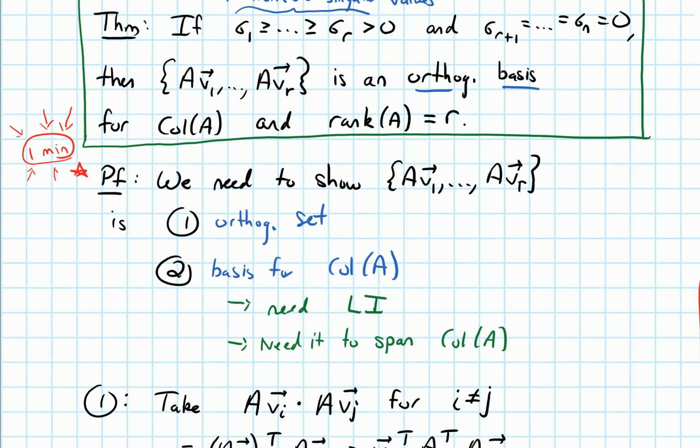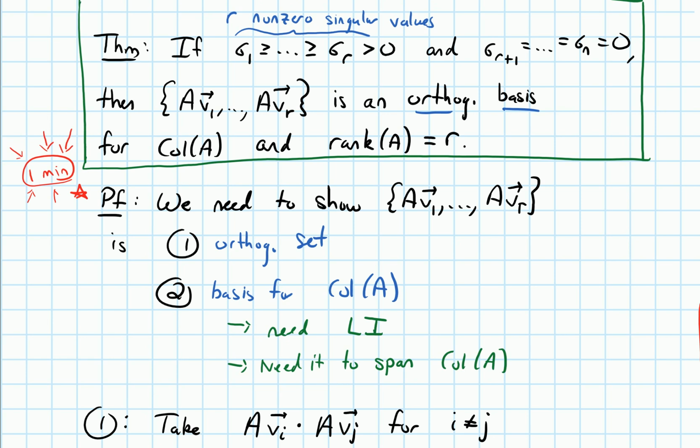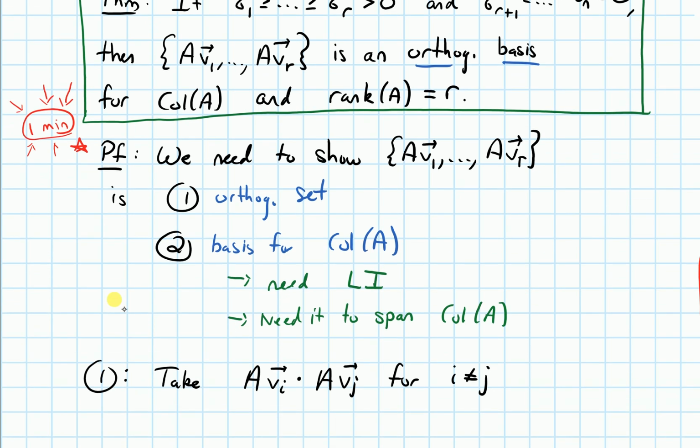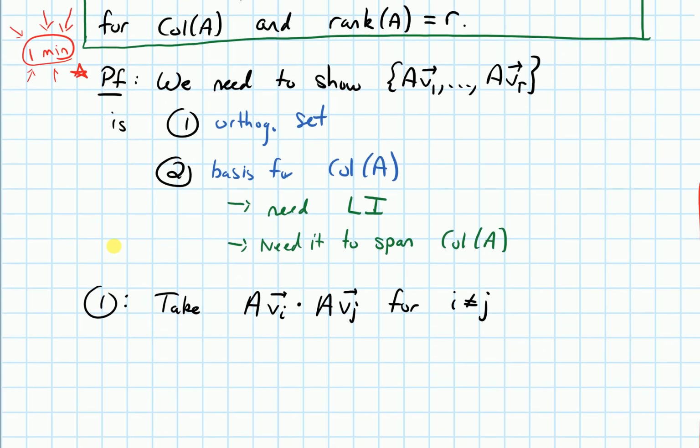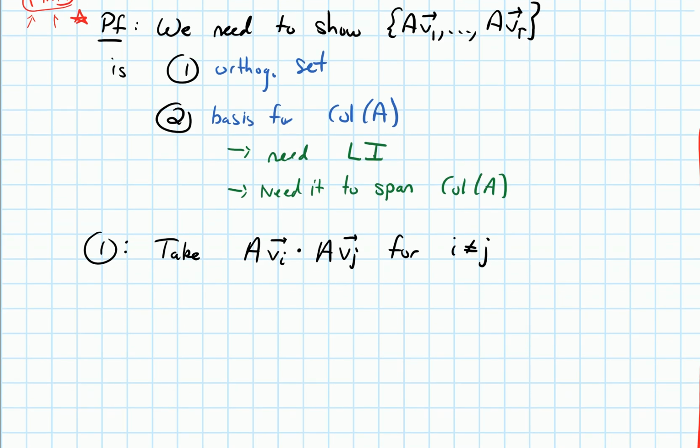All right, so the first thing that we're going to do to show that it's orthogonal is take the dot product of two different elements of the set. So I want to take AVi dotted with AVj for i not equal to j. That condition that i is not equal to j means we're dot producting two different vectors in this set.